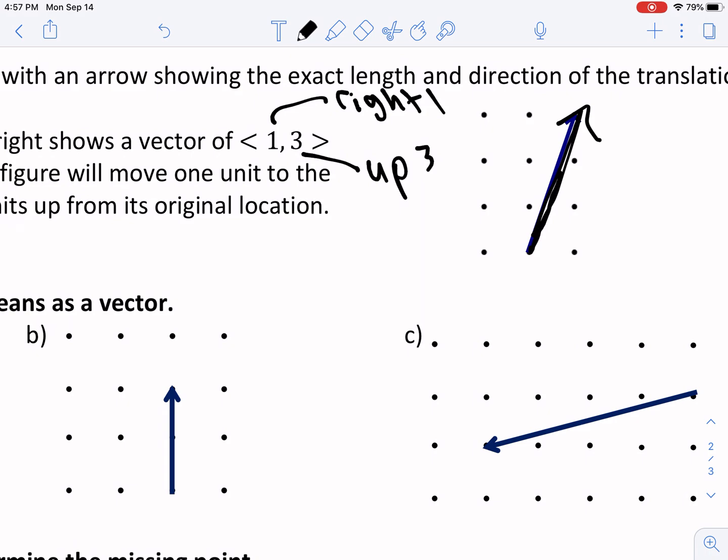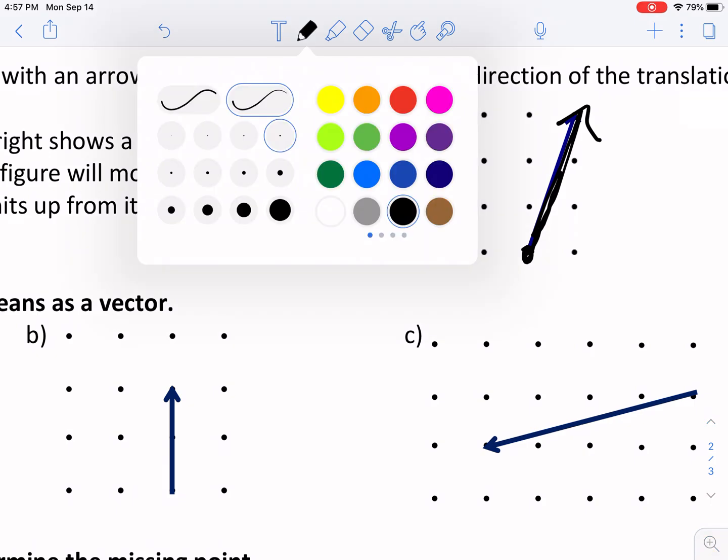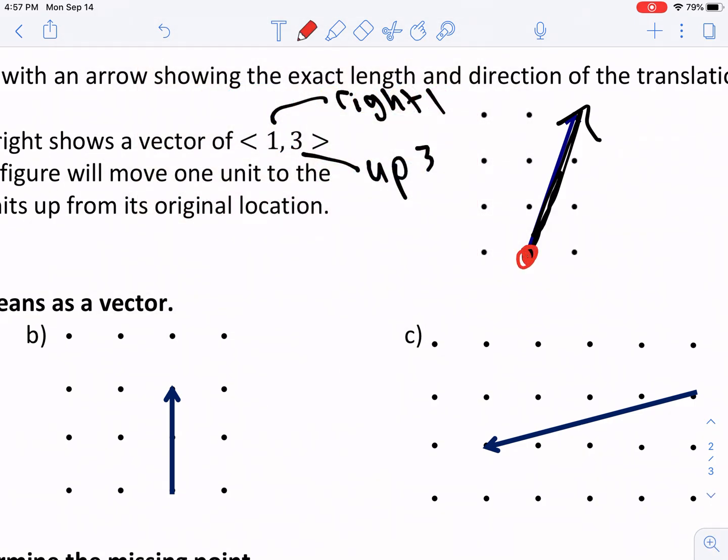Well, let's see if that matches what we have here in terms of the arrow. The beginning point is always the opposite end of the arrowhead. Okay, so the arrowhead is not where we start. We start right here. Okay, now let's count each point and see what it takes us to get to the arrowhead. Okay, so I can go up 1, 2, 3 spaces, right? Well, didn't we say in the vector we're going up 3? Yes.